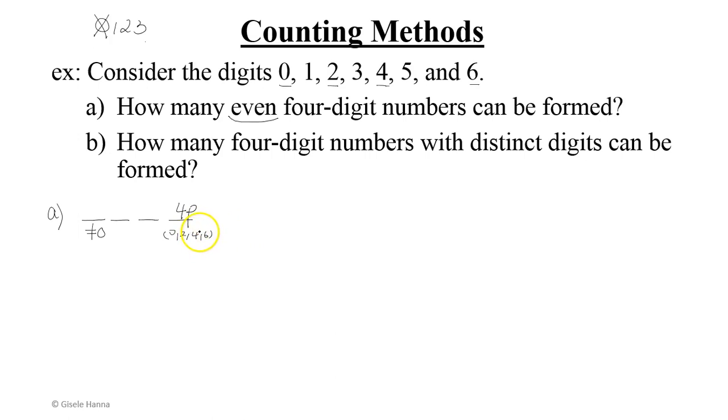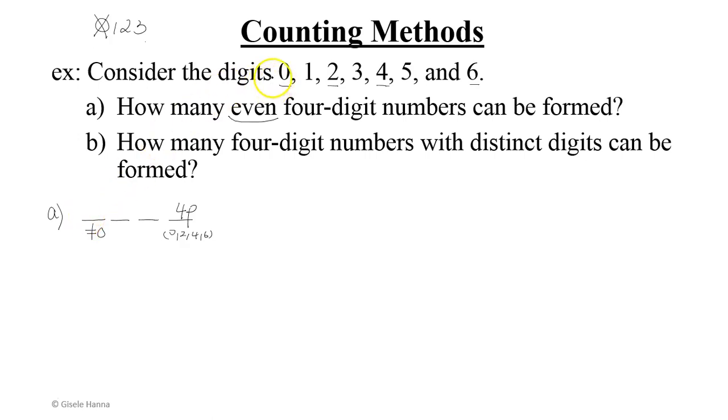I move on to my second restriction, which is that the first digit cannot be 0. How many possibilities do I have here for the first digit? Since in this part repetition is allowed, whatever digit I chose for the last one, I can choose it again for the first one, except the digit 0.